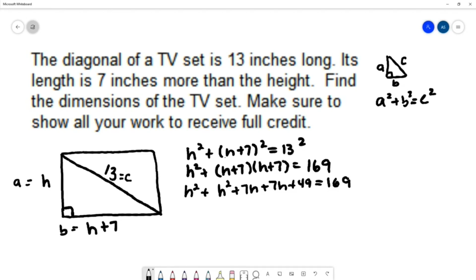Let's combine like terms. That would give 2h squared plus 14h plus 49 equals 169. I can see that I have a quadratic, so I'm going to move all the terms to the same side. I'll subtract 169.